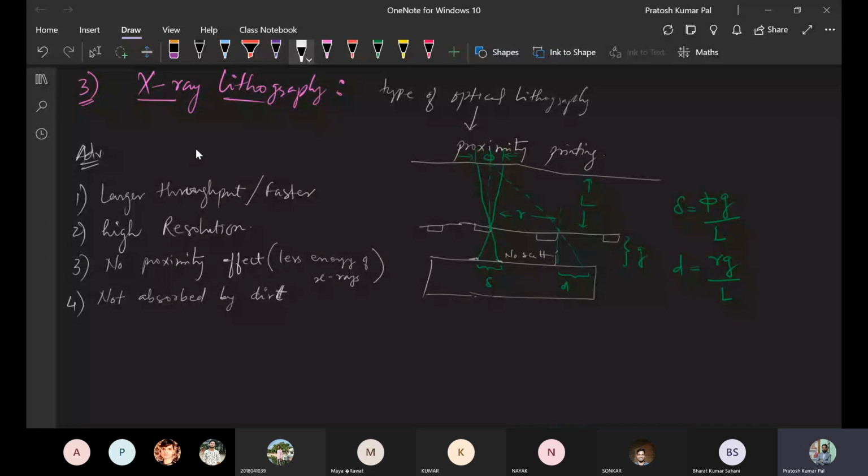Dirt will not be absorbing these X-rays, so that will not result in any contamination. And the next point is low absorption. In the case of X-rays, there will be less absorption of X-rays in the semiconductor surface. So these are the different advantages of X-ray lithography.